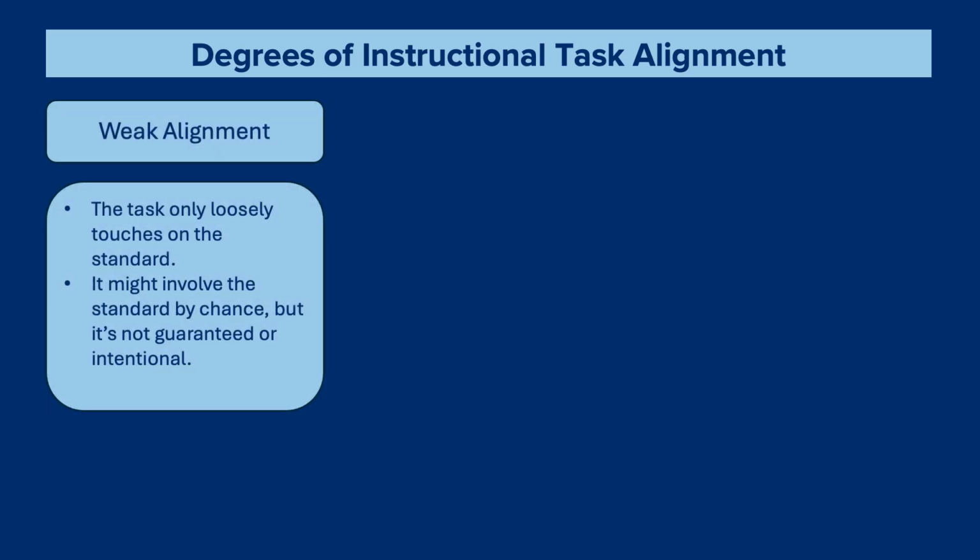The alignment of an instructional task to a standard would be considered weak if the task only loosely touches on the standard, or if the task involves the standard by chance, but it's not guaranteed or intentional.